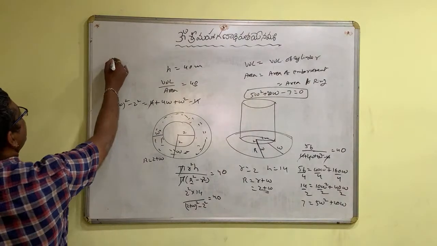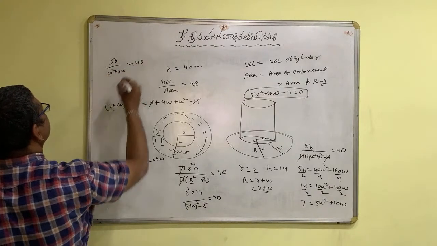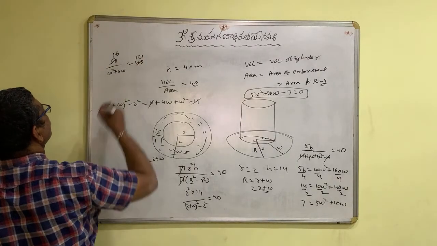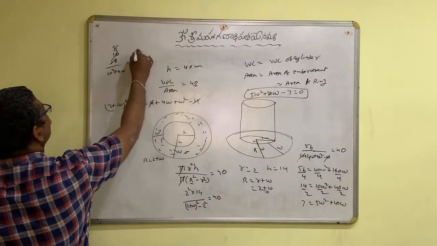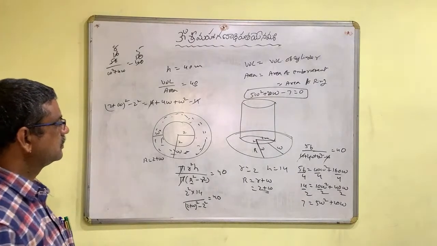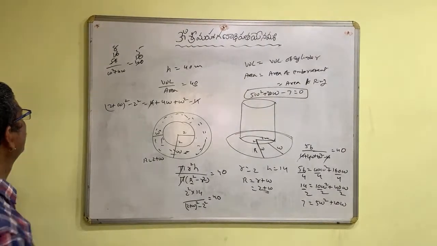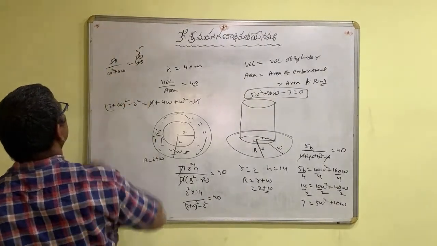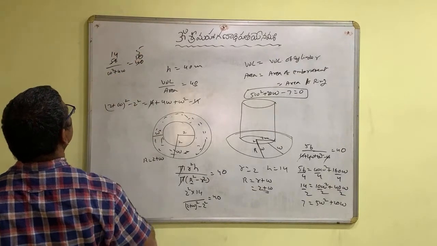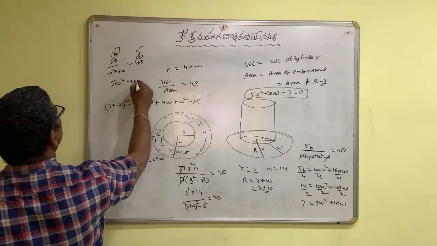So 56 by W square plus 4W is equal to 40. 16 here, 10 here. So 8 here, 2 5 here. 16 fours are 14... 5W square plus 20W is equal to 7.